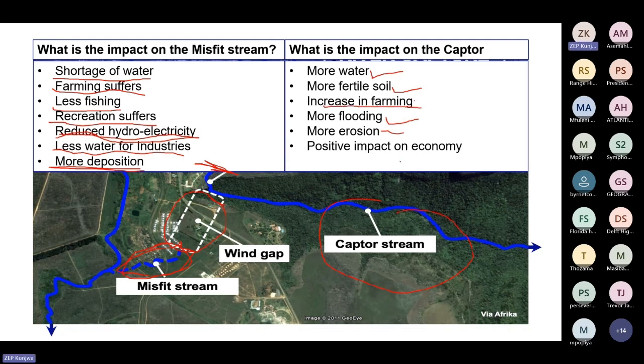Obviously, if farmers are happy, it means the industries are also going to be happy, which means the economy of the area is going to be positive, because industries are using water, farmers are using water, and the domestic uses as well. Even socially, the people who are fishing and doing other things are going to be able to enjoy the presence of water there and have more economy growing.